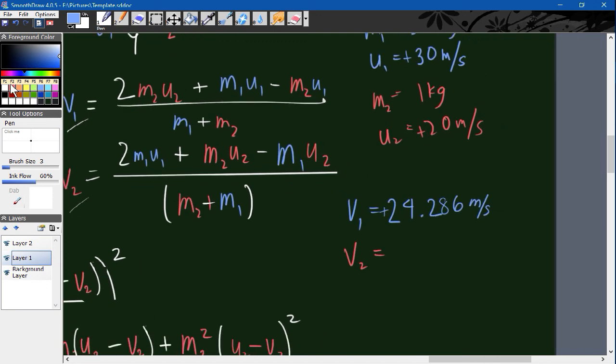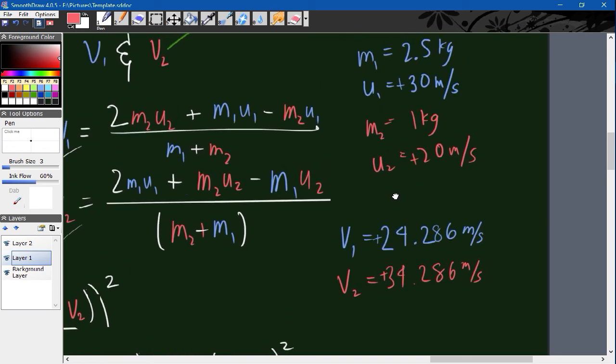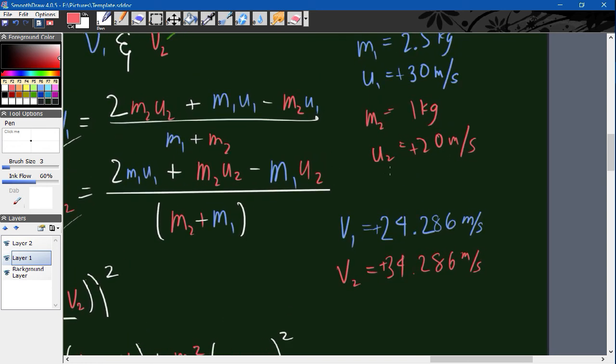I got 4.286 meters per second. Oh gosh, this is the wrong color. Okay, that's cool. Huh? 27.14. Oh, I must have put it in the calculator wrong then.